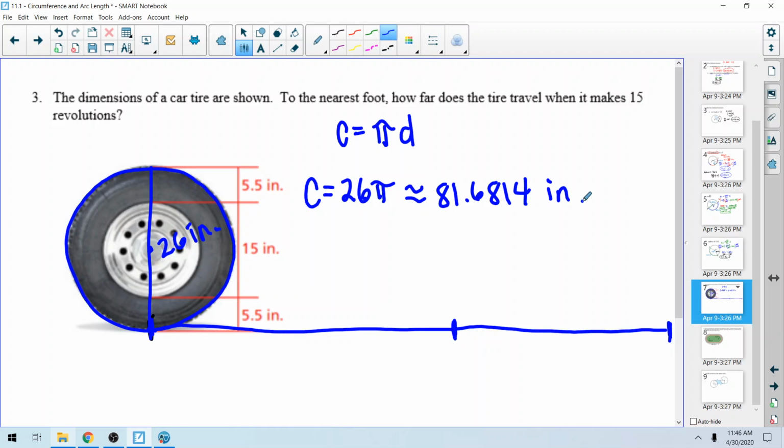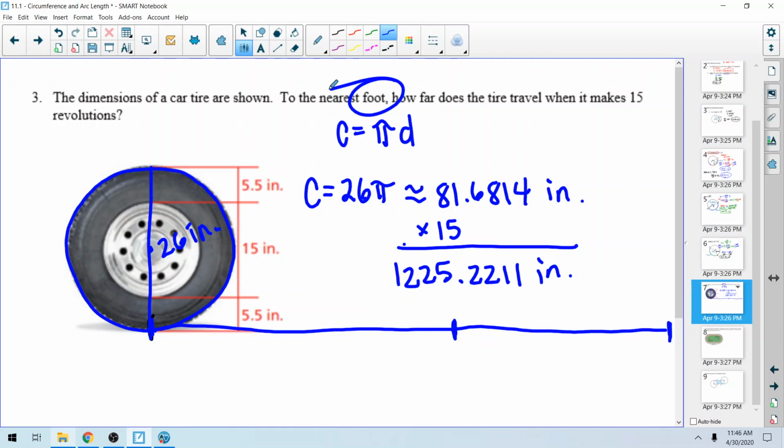inches. Now, that's one revolution, but it's going to do this 15 times. So I'm going to take that and multiply by 15, which gets me 1,225.2211. But again, that's in inches, and it says to the nearest foot.